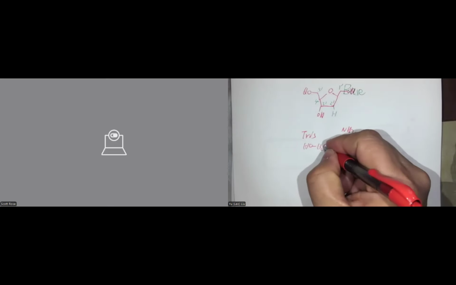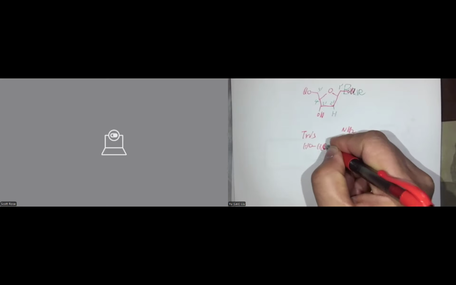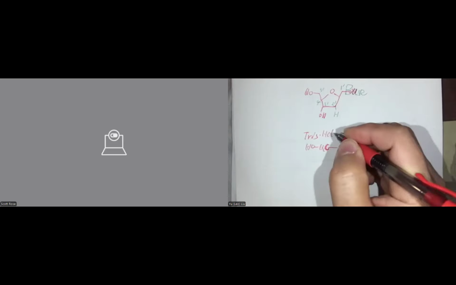So this one should be CH2, carbon, and this one should be carbon. The Tris pKa is about 8, but quite often you will see Tris HCl. In reality, it is the salt form with hydrochloric acid.